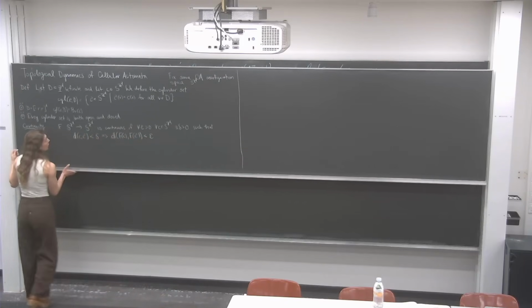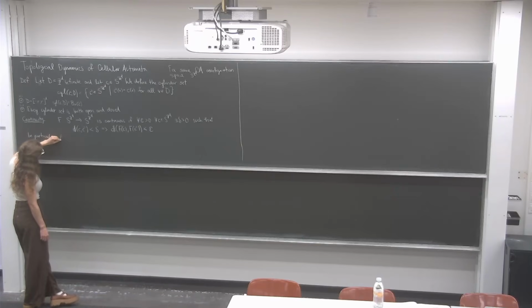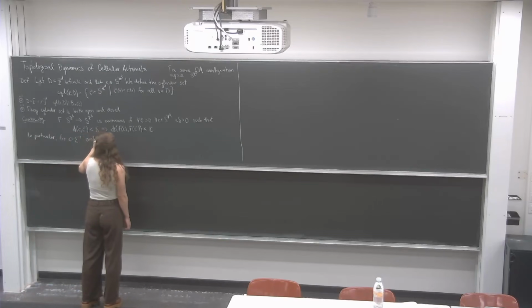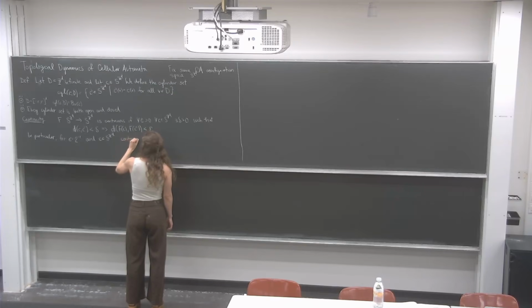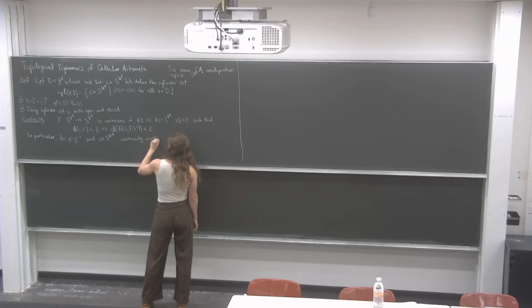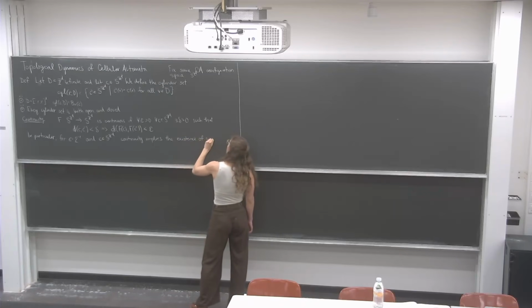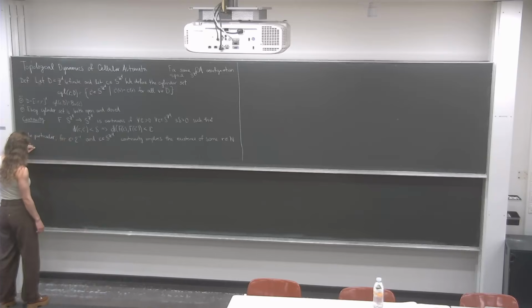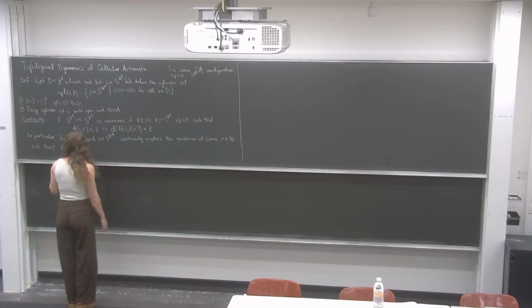So this is a standard definition. In particular, for epsilon being 2 to the minus 1 and some C, continuity implies the existence of some natural number R such that the value of F(C) at 0 is completely determined just by the finite region given by the box with radius R, or the ball of radius R.